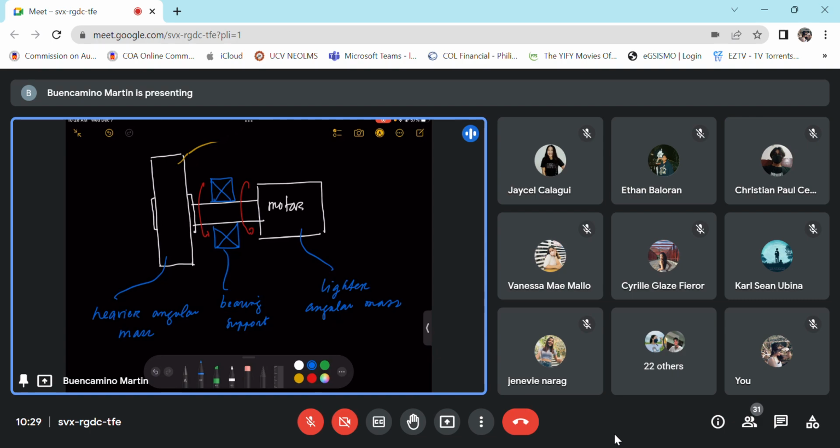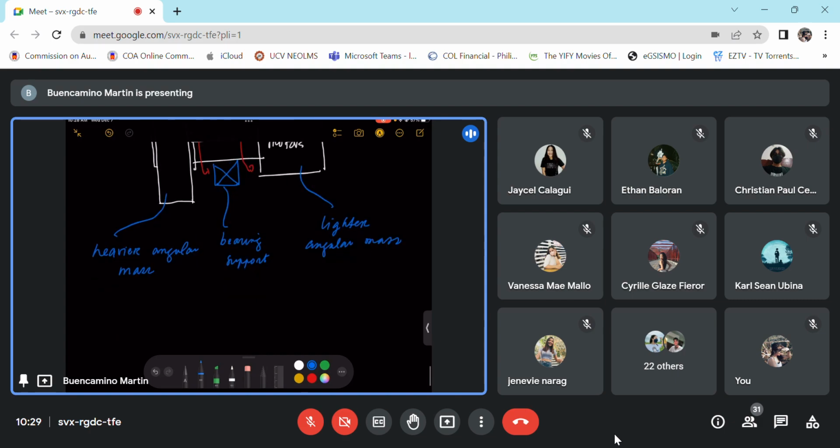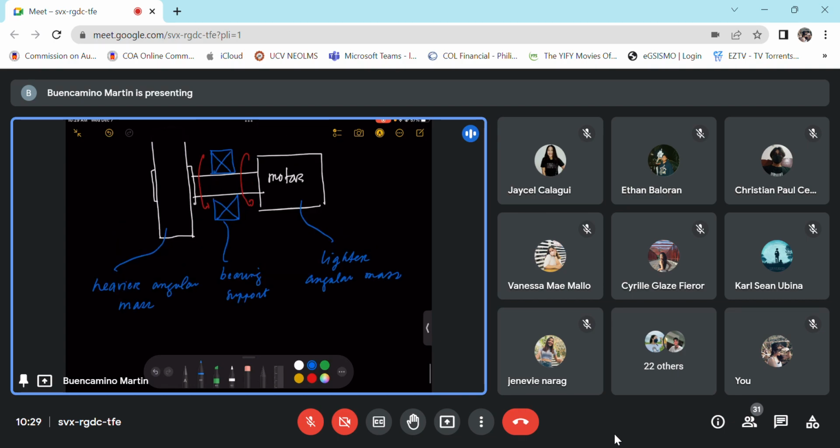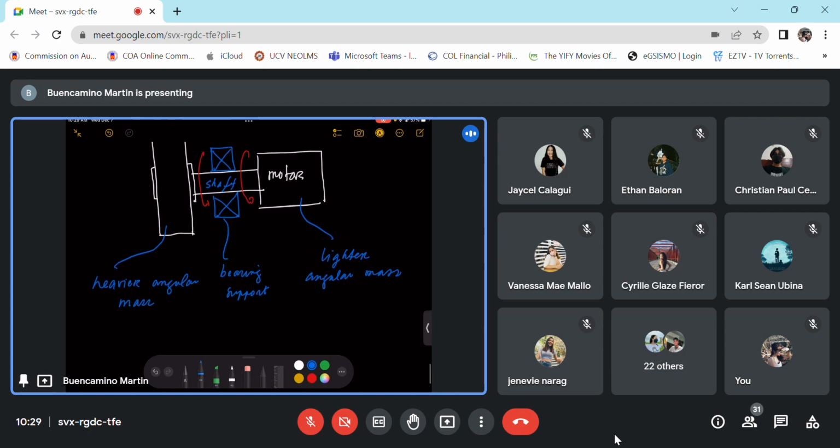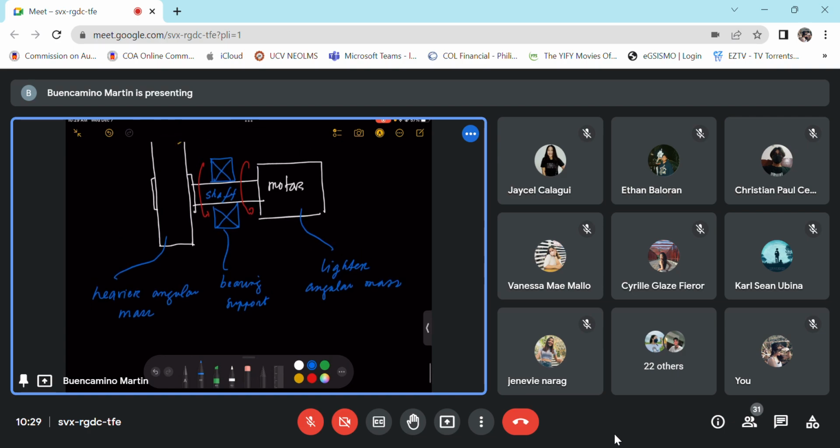Naglalagay tayo ng flywheel dyan. The reason why flywheel is being installed sa mga motor na umiikot, may shaft. Ito yung shaft ng motor natin. Maybe merong isang shaft pa rito para pandarin nyo yung isang machinery.